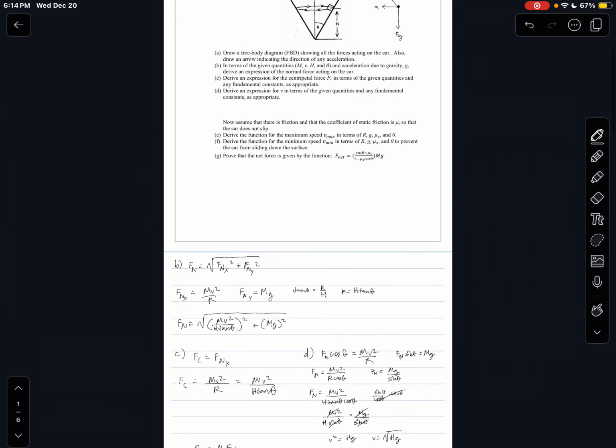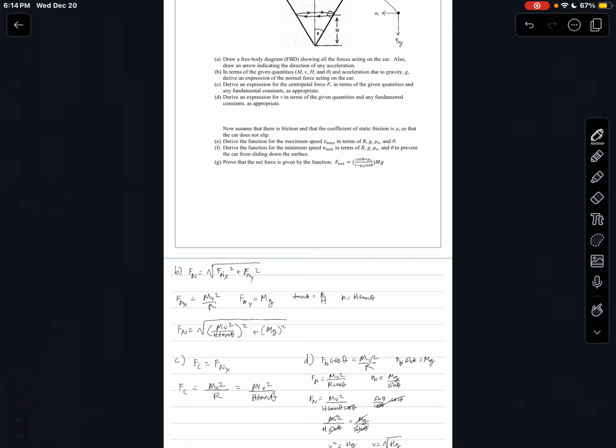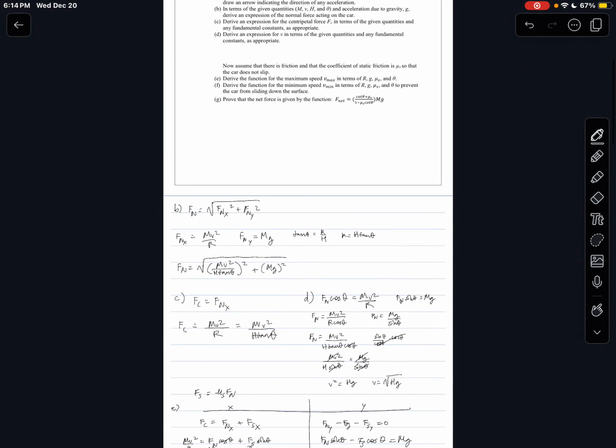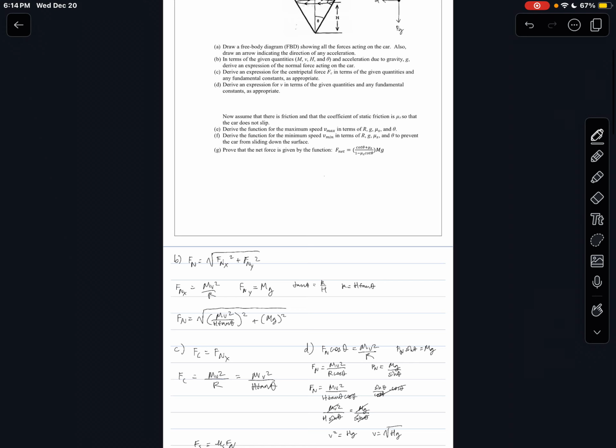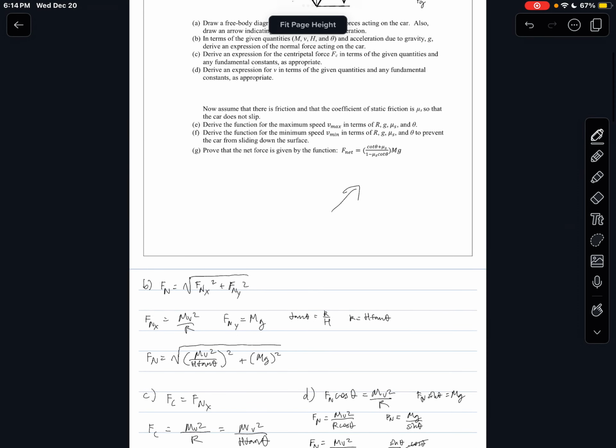And then for part F, it's going to look very similar to part E, but the only difference is that the signs change, because this time instead of FS pointing down, you're going to have FS pointing up, because you want FS to point up to prevent the car from slipping.